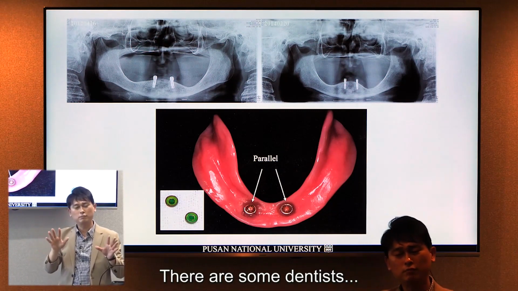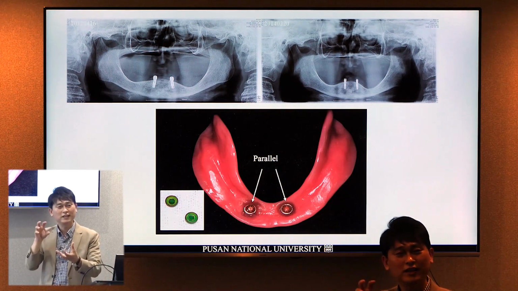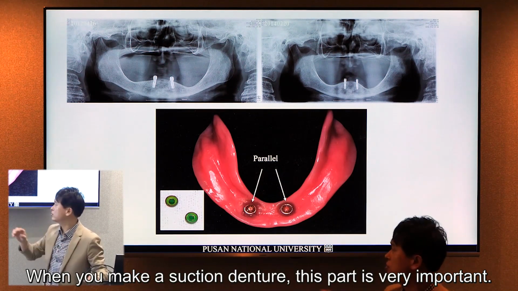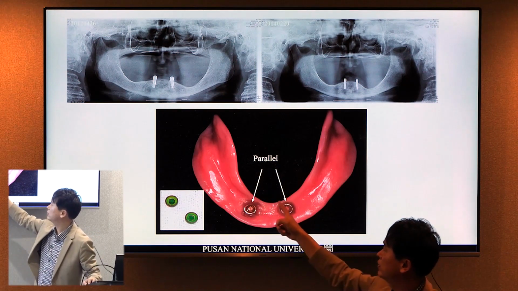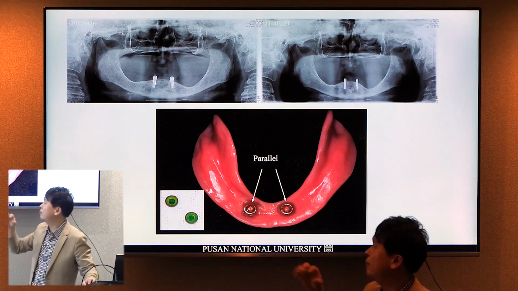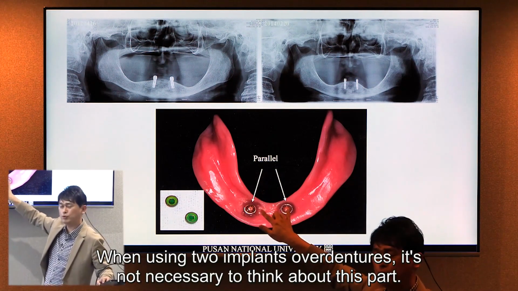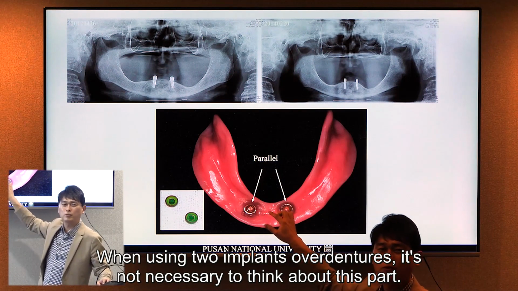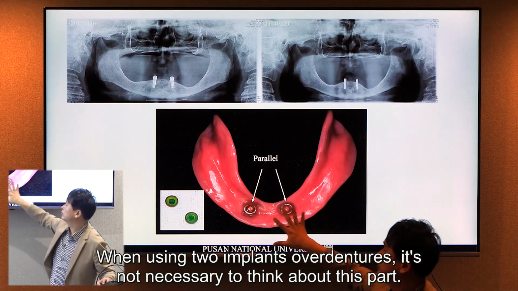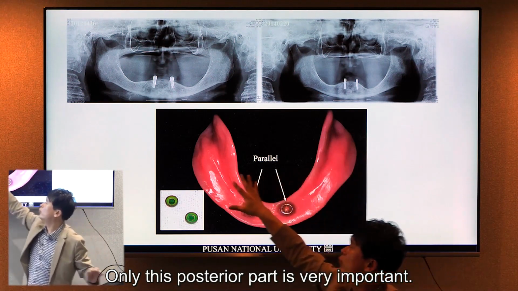There are some dentists who have heard about Professor Nogante's suction denture. When you make a suction denture, this part, the sublingual part, is very important, right? But with a two-implant denture, you don't need to think about this part. Only this posterior part is very important.